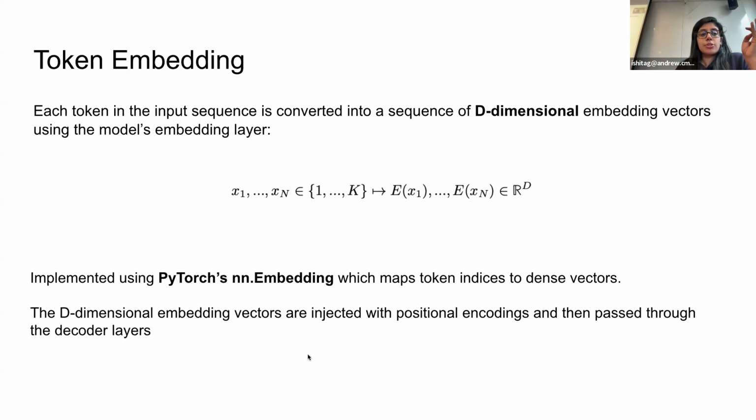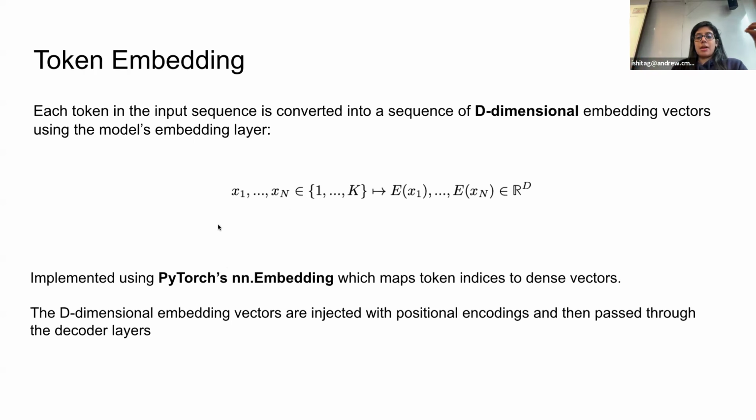We talk a lot about token embeddings. We have been talking about them in lectures and labs in detail, and in this homework you'll get to deal with them on actual data. Each token in the input sequence, x1 to xn, belongs to 1 to K, where K is my vocabulary size.